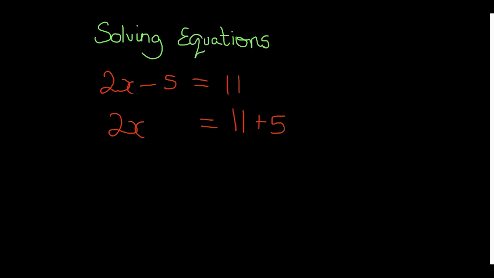Some people's working might look like this, where they didn't bother to put in the plus 5 both sides. Alright, and then from there we'll get 2x is equal to 16. And then finally, to get x, you divide both sides by 2, and you'll get that 16 over 2 is 8. Alright?